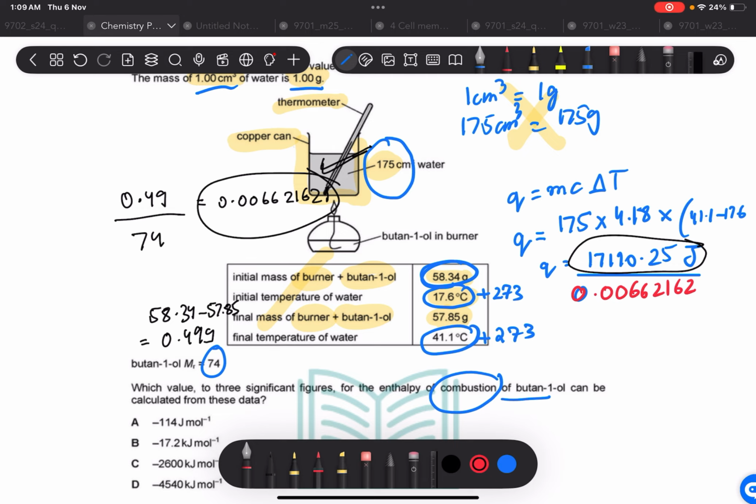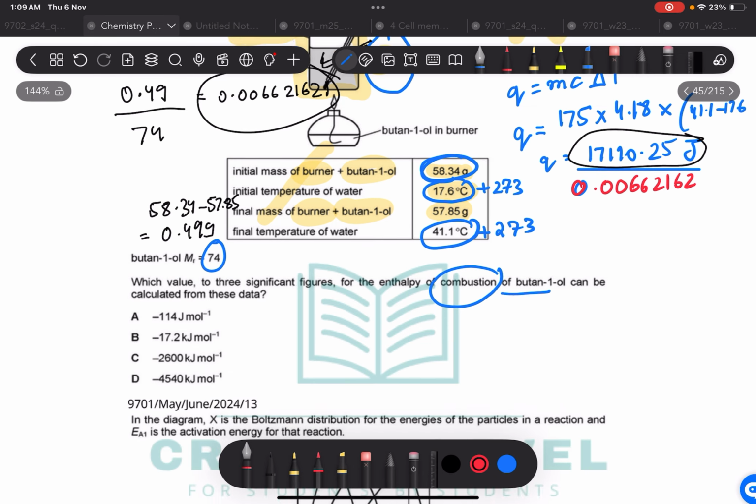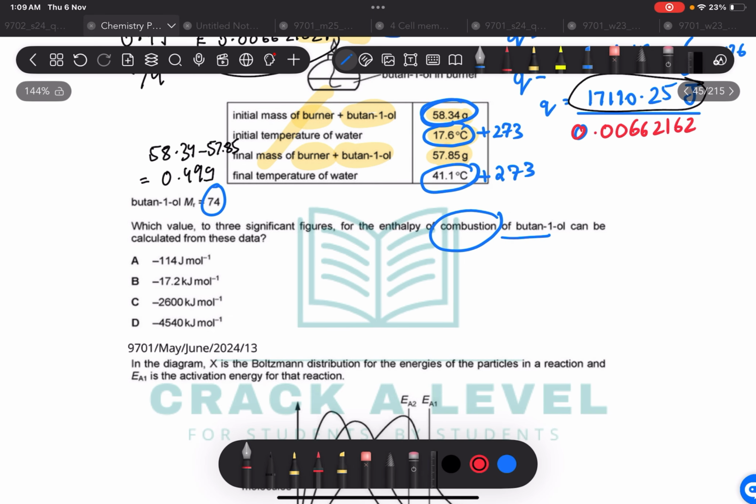Okay, so it's gonna be 17110.25 divided by my answer, which gives me a very large number, which I'm gonna divide by 1000 to convert it into kilojoules. So I get 2583 kilojoules per mole. And this, if I round it off to two significant figures, is 2600 kilojoules per mole.